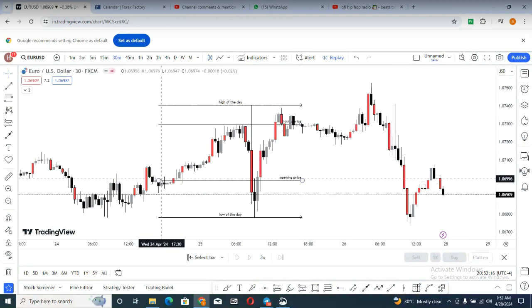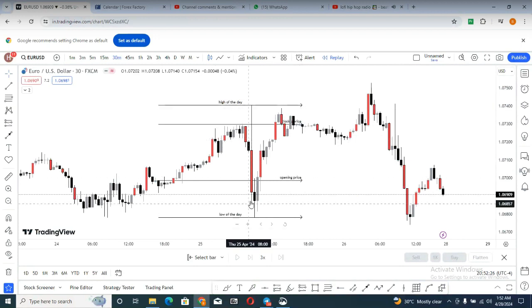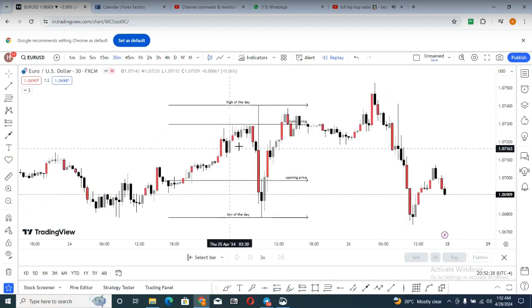Now, this was the opening price. Price went all the way down, didn't create the high. This was a new spike, creating the high of the day. Now, what price was supposed to do was create the low of the day. You understand now? Because we're in a bullish scenario, we were supposed to sell here, but we didn't sell.